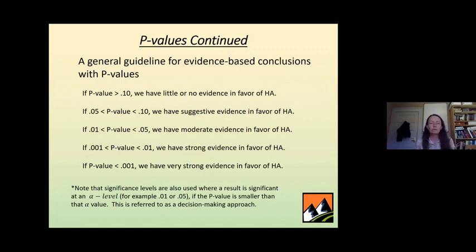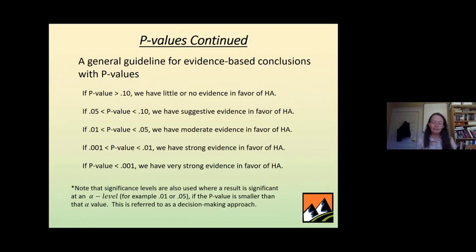A p-value greater than 0.1, usually we would say it's really not giving us any evidence in favor of the alternative hypothesis. A p-value between 0.05 and 0.1 says there's not that much, but maybe some suggestive evidence in favor of HA, the alternative hypothesis.